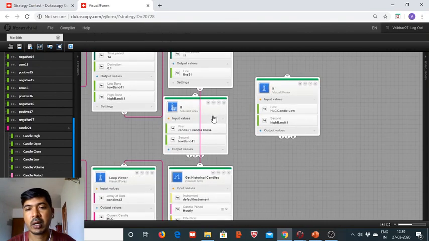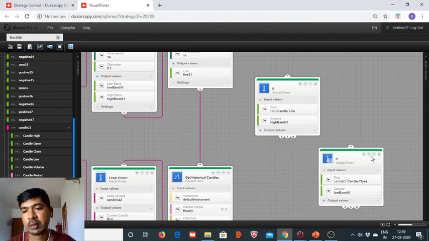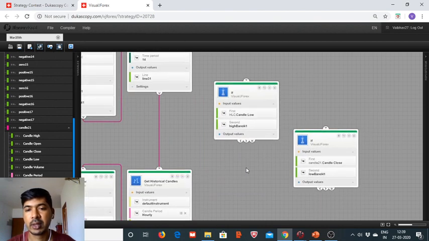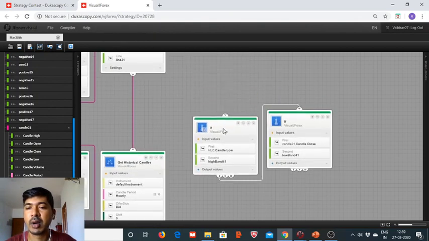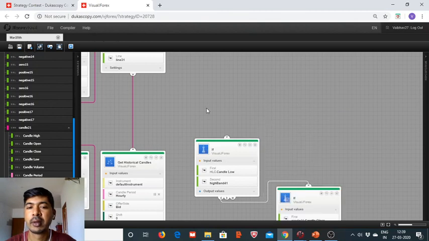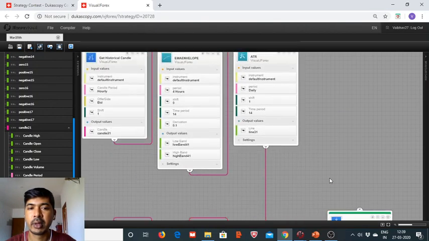So here we are, and we have added these two conditions. We want the candle low to be less than the higher band, and then the candle close should be above the lower band. And here we have defined it for 4 hours.